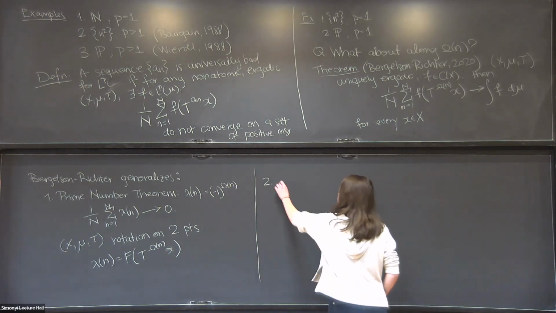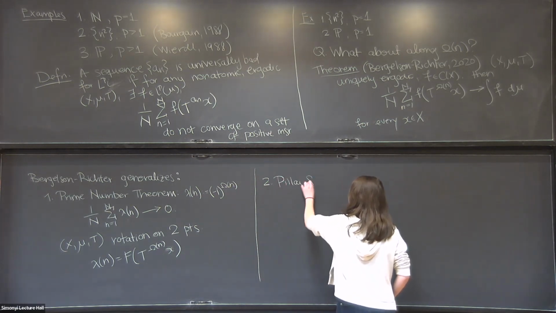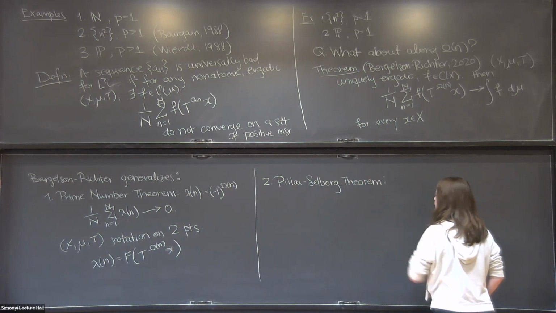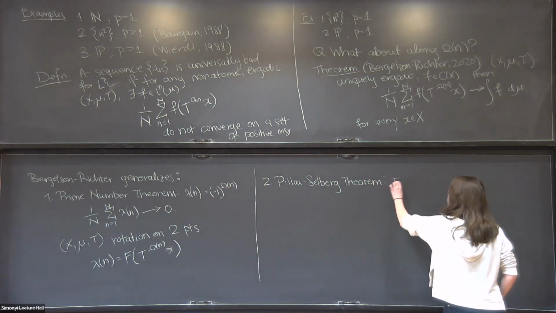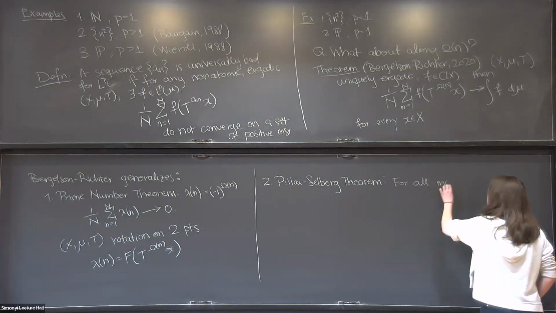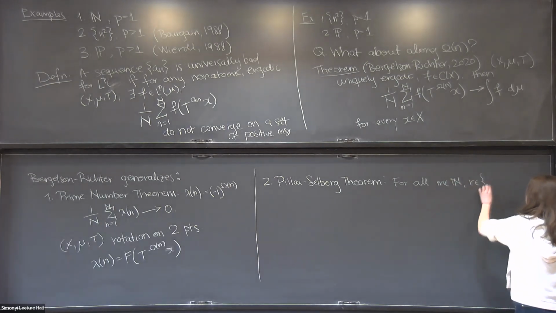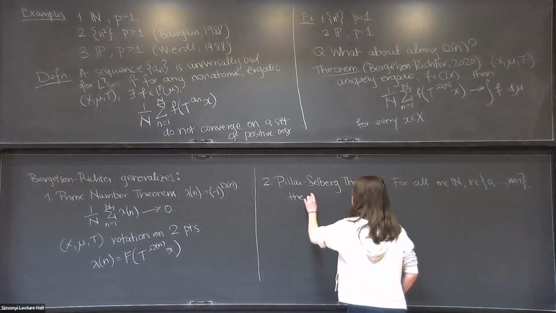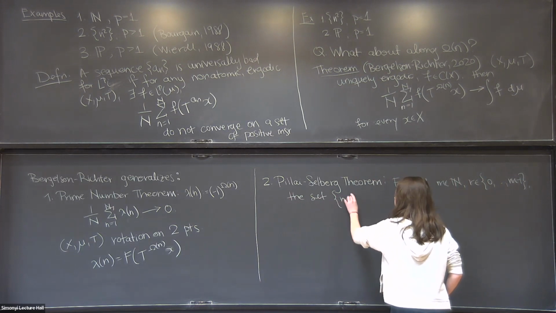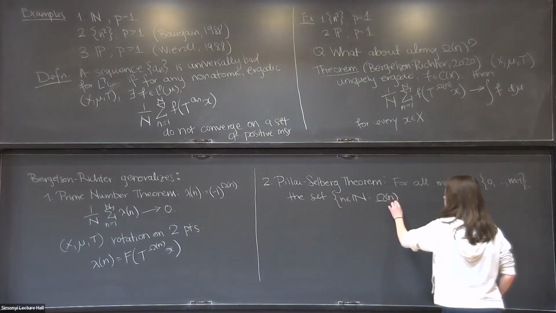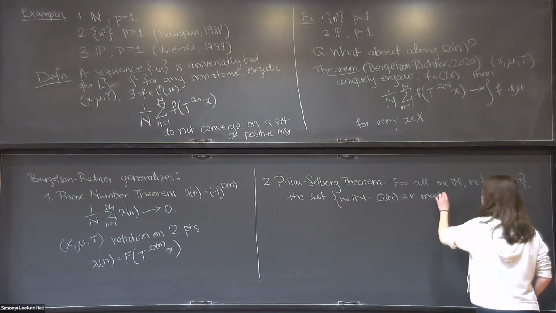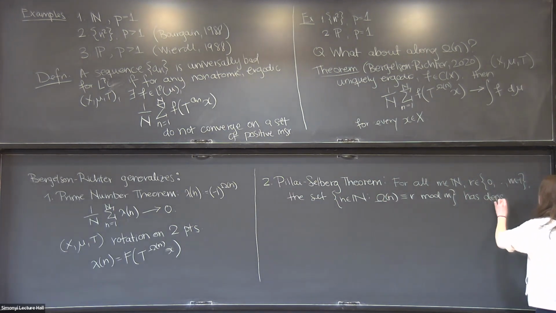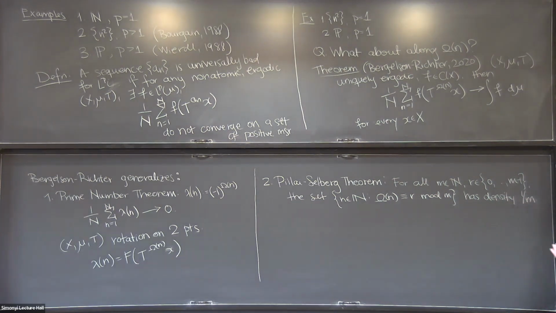Then second, it generalizes Selberg's theorem, which says that for all integers m and r, we look at the set of n for which omega n is congruent to r mod m. This set has natural density 1 over m.